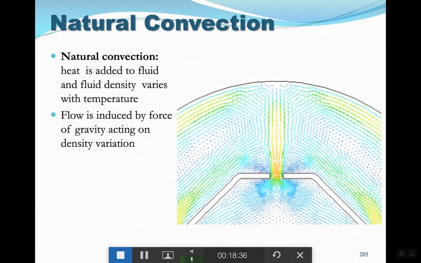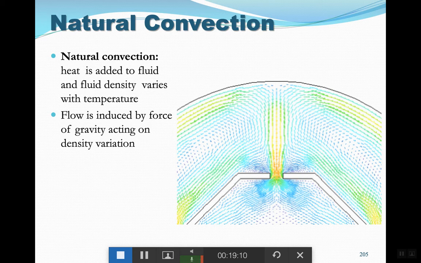So now let's move on to the first major subcategory of convection heat transfer, which is natural convection. In natural convection, there is no external force. But as we know, in convection, by definition, you require some sort of movement inside the flow. And if we don't have any external forces, where does this movement come from?